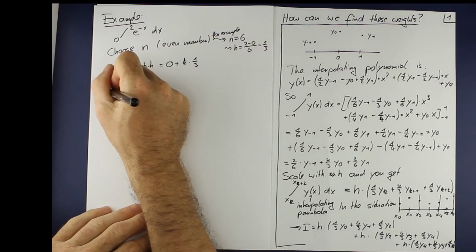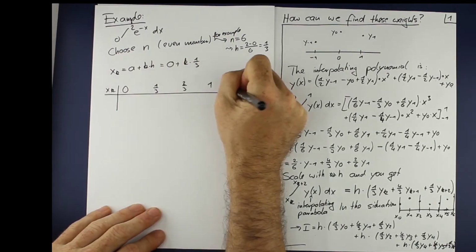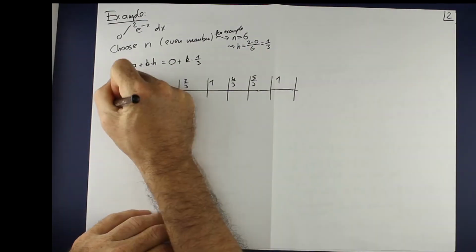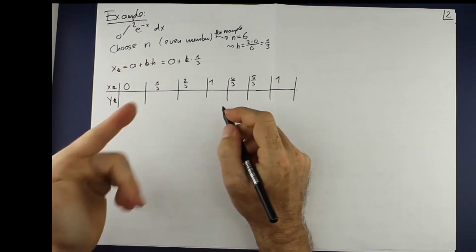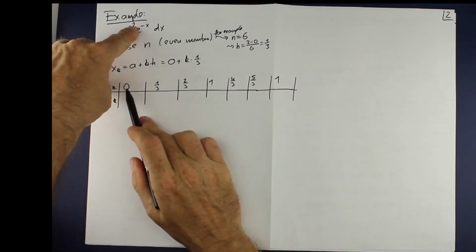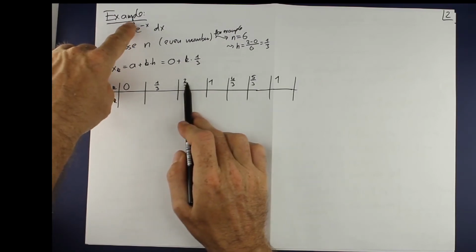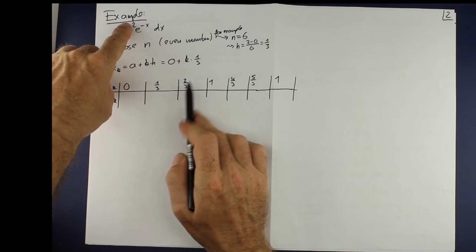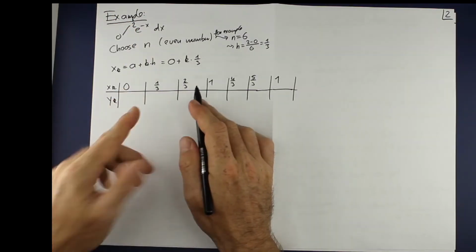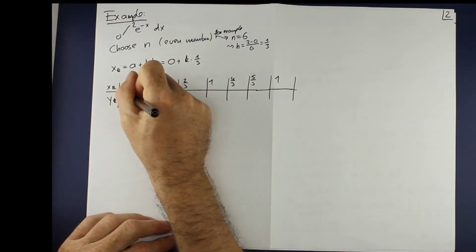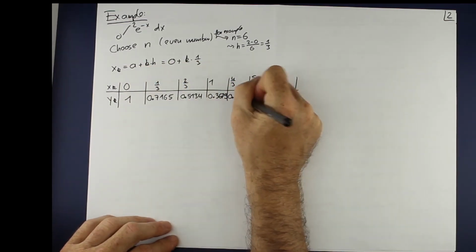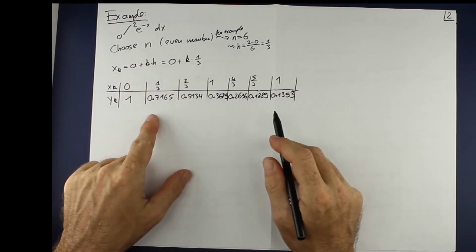And so we get the corresponding y values: e to the minus 0, e to the minus a third, e to the minus 2 divided by 3, and so on. Using electronic help, we get 1, and we get these values.